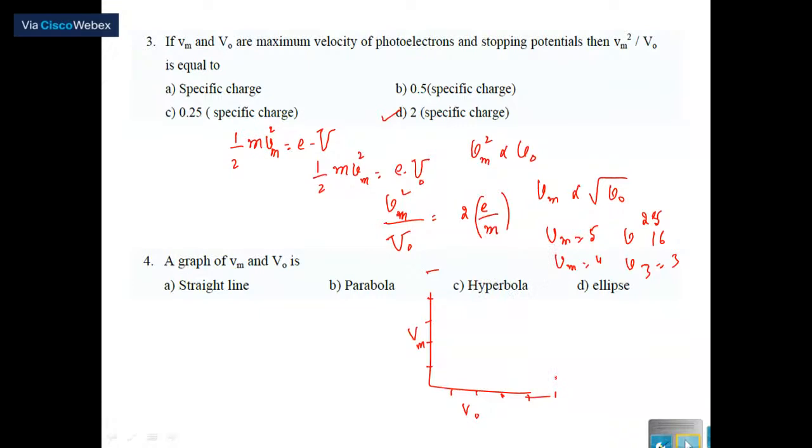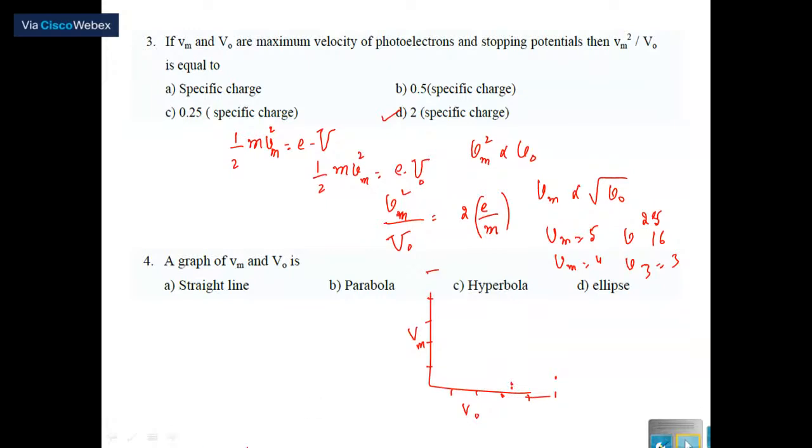Well, when V naught is equal to 16, let us say somewhere here, and what is Vm? That is equal to 4. So this is 4, slightly less than the 5.